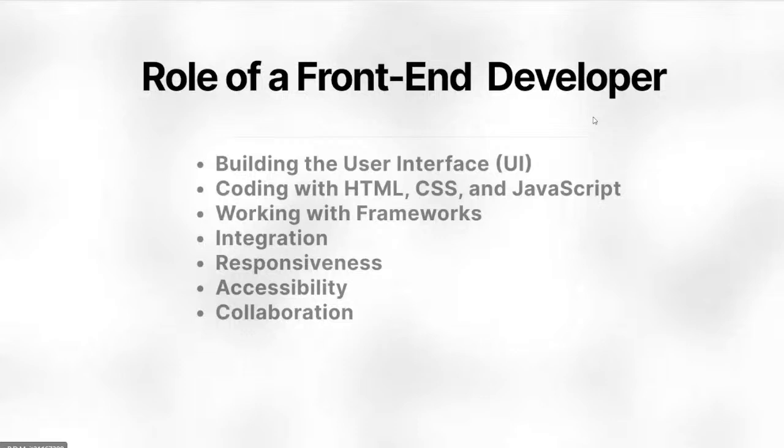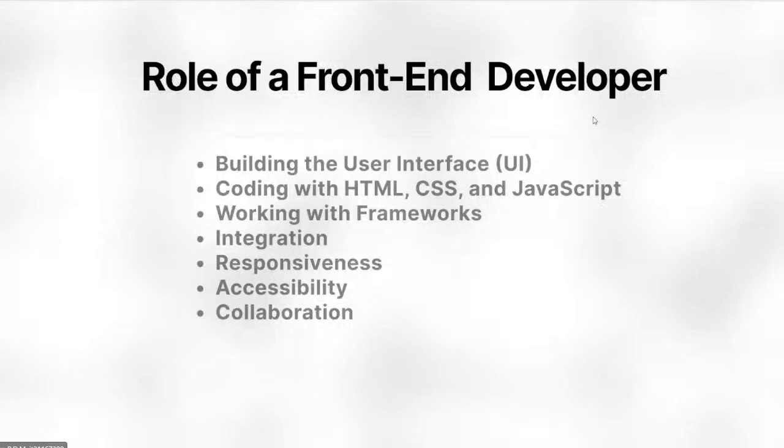I also talked about this as accessibility in the previous slide, and there is also collaboration. The front-end developer has to collaborate with other roles, such as the UI designer and the UX designer, as well as product design and the backend engineer. There are lots of people you have to collaborate with to ensure that your front end meets their demands and requirements.